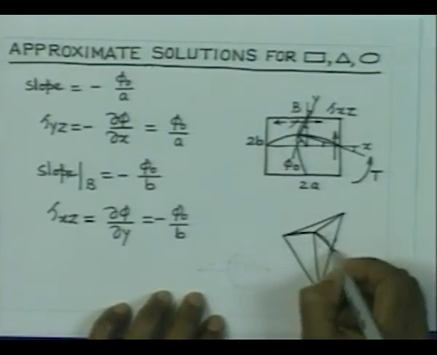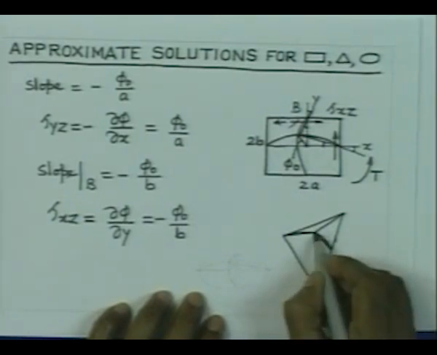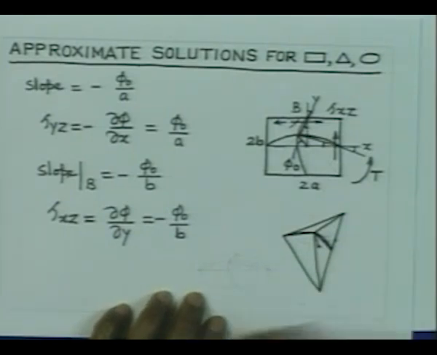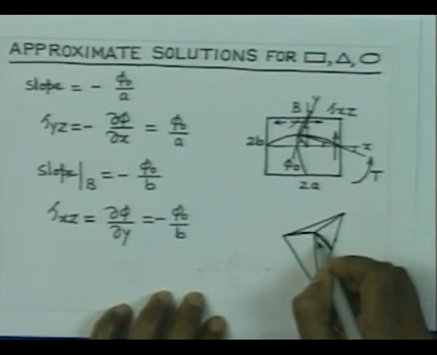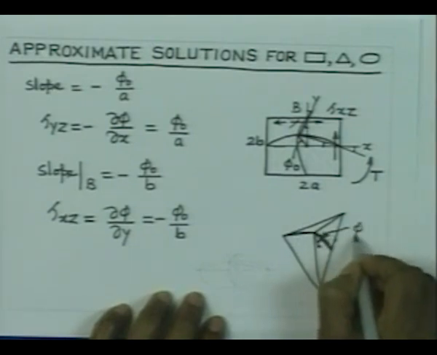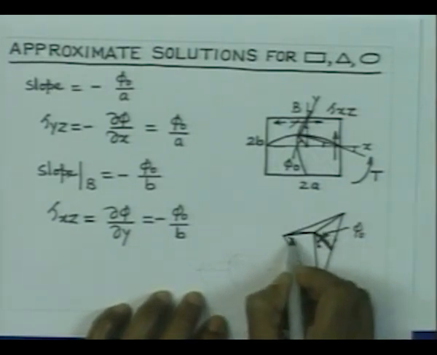Therefore, you can now immediately get the feeling that this is the CG of the triangle, and therefore, the maximum height is equal to phi 0 here.